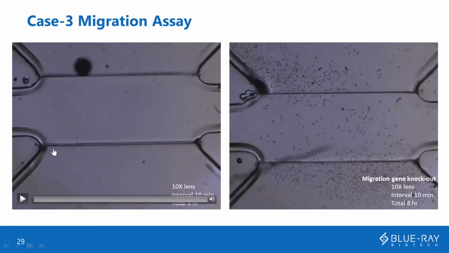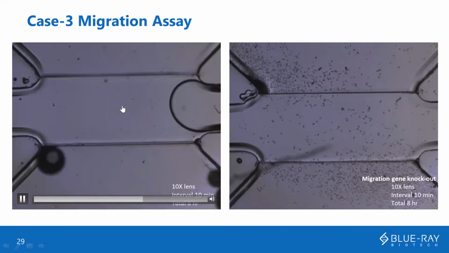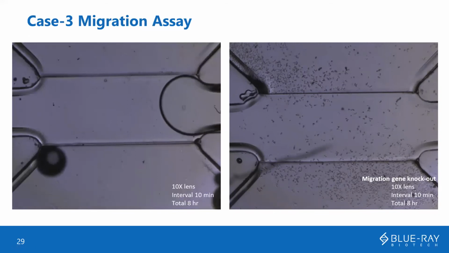The video on the left shows the cancer cells' ability to migrate. You can see the cells moving from the top to the bottom here. So it shows the migratory ability.